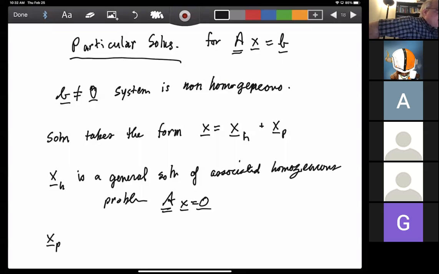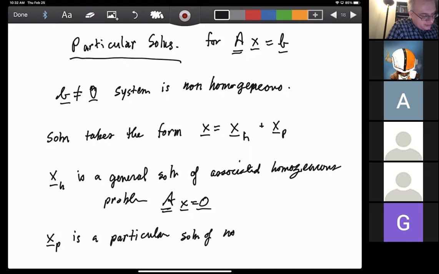X sub p is a particular solution of the non-homogeneous problem, and of course it has to depend on that forcing vector, the B. Particular means that it's some singular, some individual solution. It works as a solution of that full non-homogeneous problem.